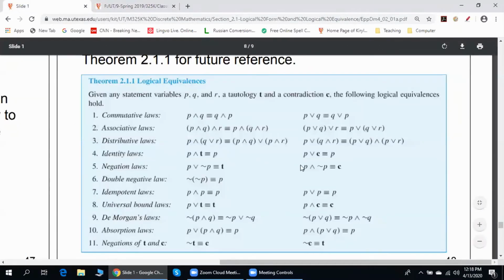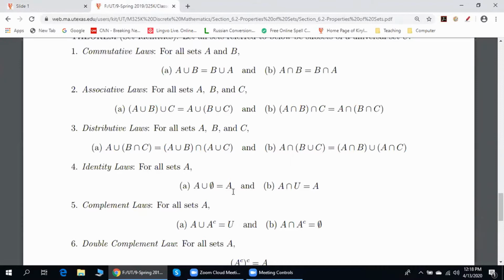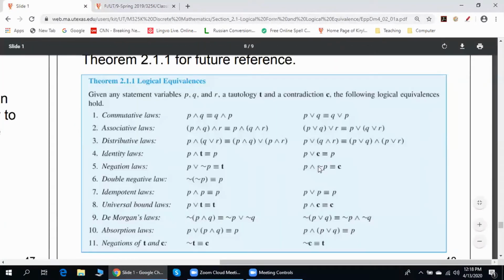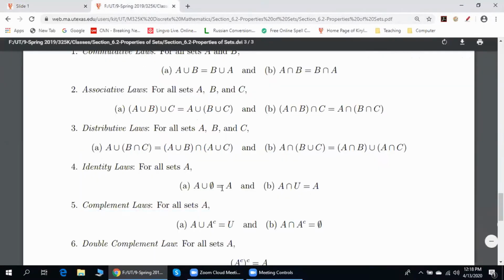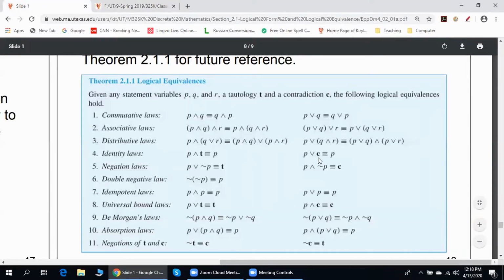Now let us compare this and this. It looks like union plays a role of a logical OR, and the empty set plays a role of contradiction.